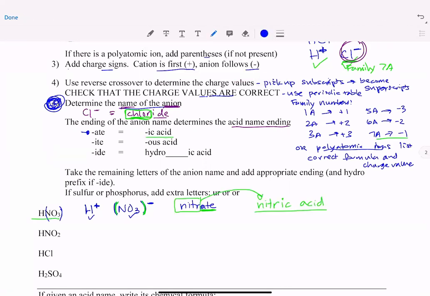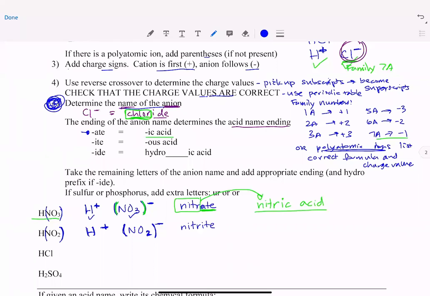The next example is HNO2. First identify that there's a polyatomic ion NO2, so put parentheses around NO2. When you split this apart into H plus and then, in parentheses, NO2 minus, you put a plus and a minus. Then you have to determine the name. Going to your polyatomic ions list, you would find that this is nitrite.